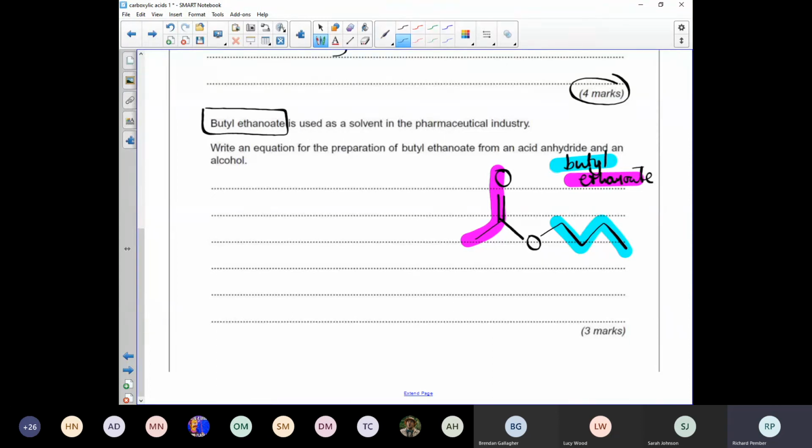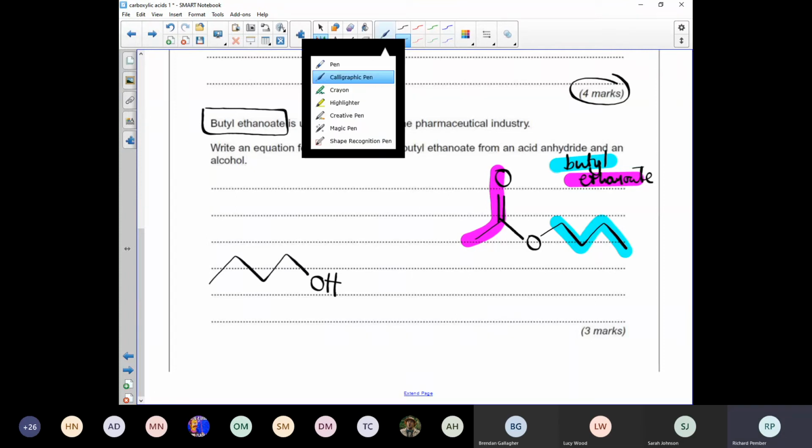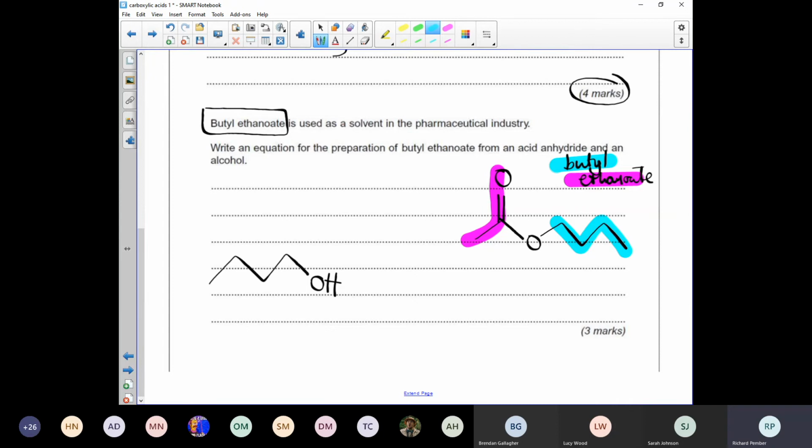Hopefully what we can see is that the purple part, the ethanoate, will be from the acid anhydride, so that my alcohol, and I'll just highlight that again, needs to be butan-1-ol. That will give me the butyl.